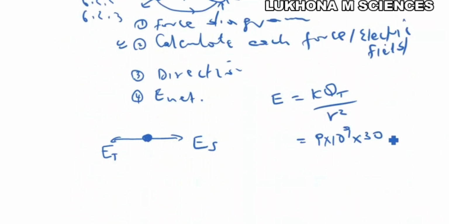Then we multiply by 10 to the power negative 6 because of micro. Divide by the distance, 0.1 squared. Then we press the calculator.